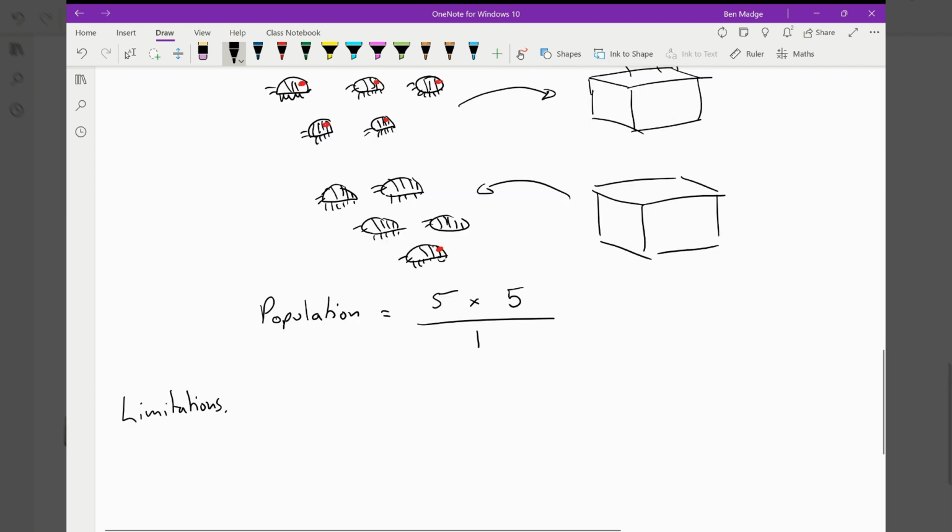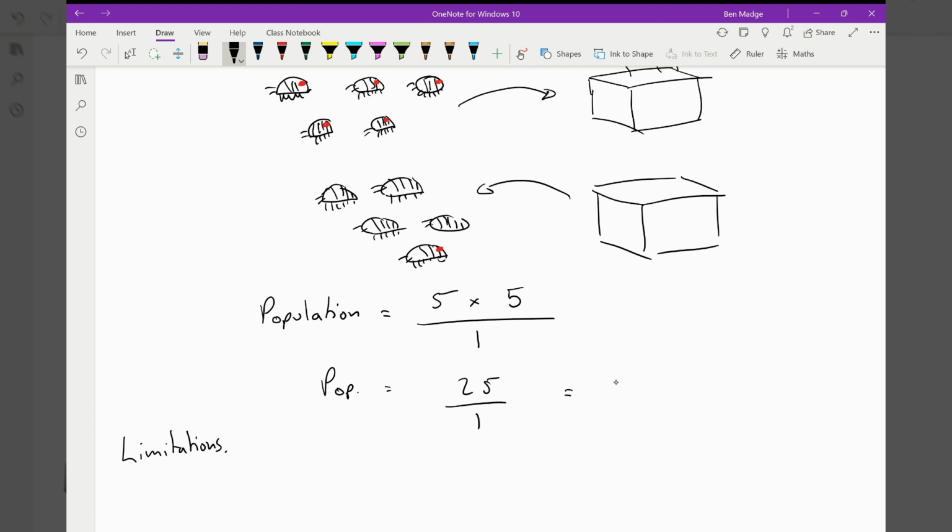So if we simplify that, my population is equal to 5 times 5 is 25, divided by 1, so that will equal 25. Obviously not very many woodlice in my compost heap. I'd expect to see a few more than those, so I need to go and see what's going on in my compost and see if it's actually turning into nice compost or if it's just turning into slime.